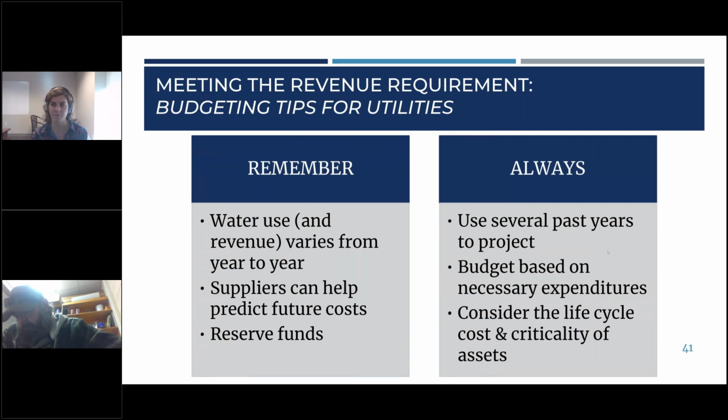If you think about the fact that maybe people are coming and going, you've got growth, you've got decline. So whenever we're talking about projecting some of the usage, the consumption component of your revenues, we often recommend looking at a larger chunk of time and trying to average out some of the different things that might occur year to year.